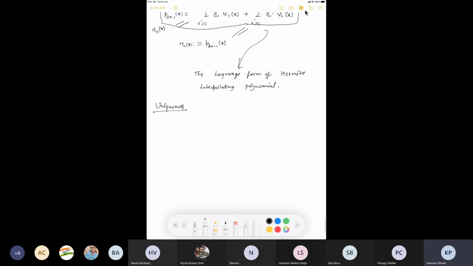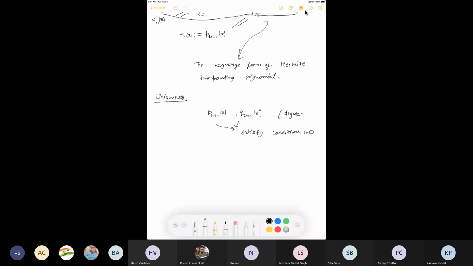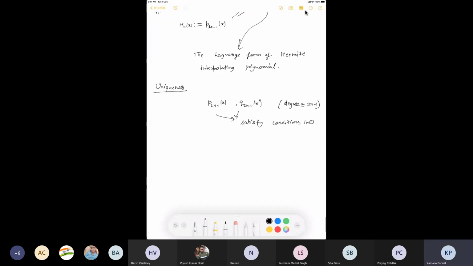So this I will ask you to complete. Again, you take two polynomials, say p2n minus 1 of x and q2n minus 1 of x, and both these polynomials satisfy the interpolation conditions and are of degree less than or equal to 2n minus 1, right?